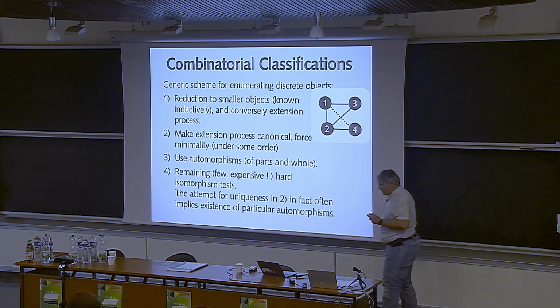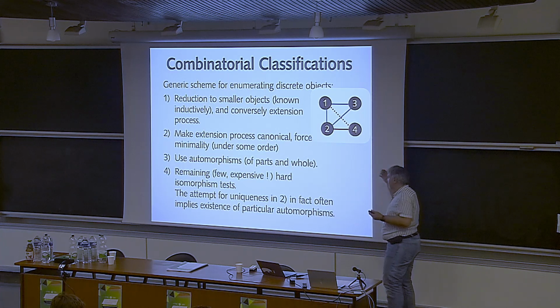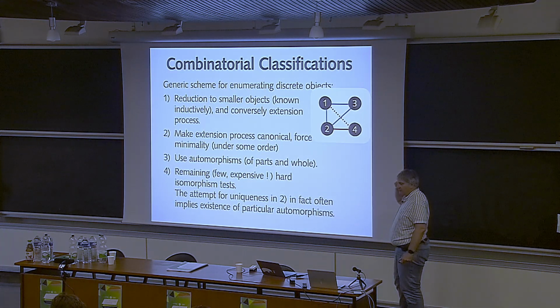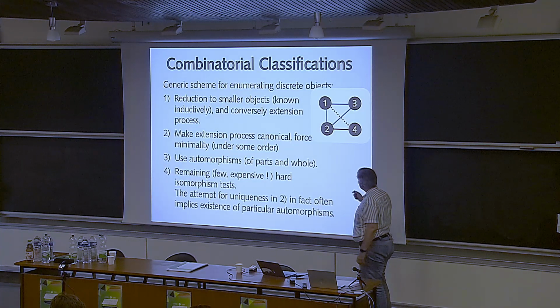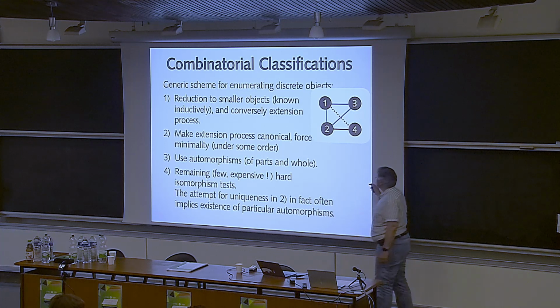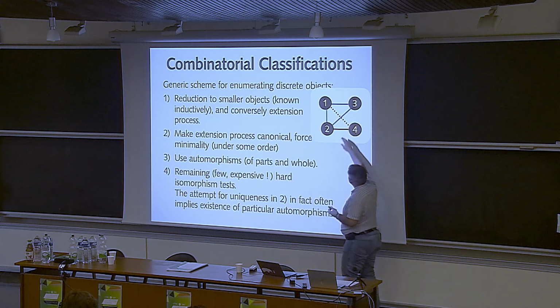The way I'm doing it is by trying to make the extension process in some way canonical, which typically involves some kind of arbitrary ordering. So what could I do in this situation? I might be saying, oh, if the edges which I'm adding to my old blue graph should come from the vertex with the smallest number, then I would only consider the dashed edge.